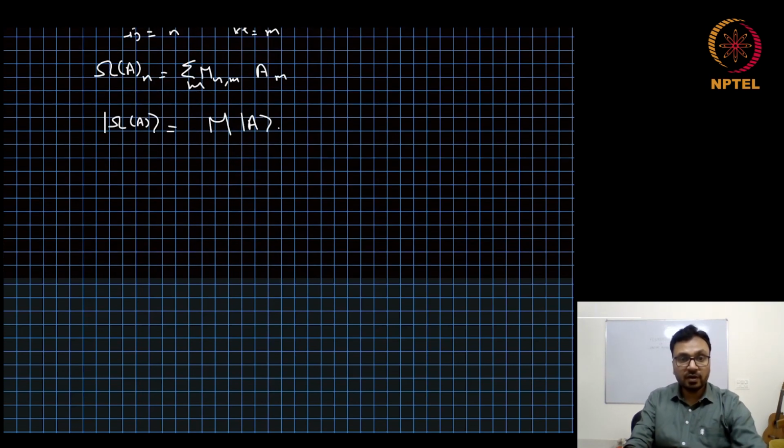So how is this vector A related to the matrix A? Here is the recipe. Let us say a simple example: if A is a 2 by 2 matrix, it will be A11, A12, A21, A22. These are the 4 elements of it.